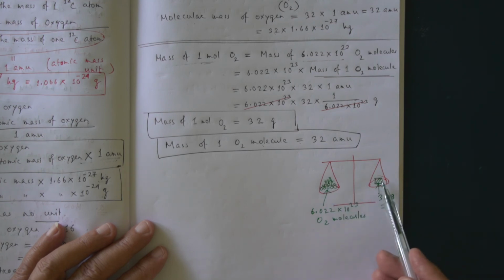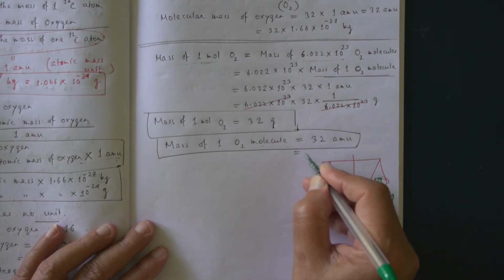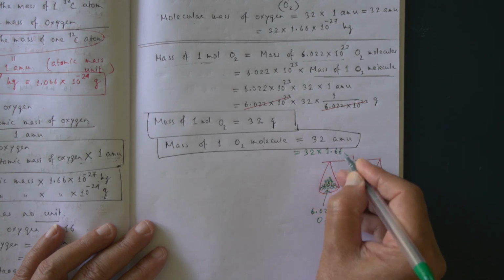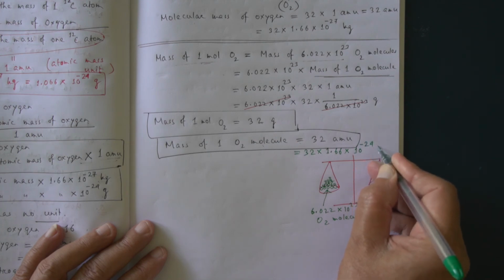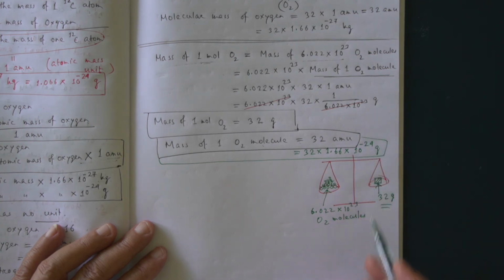But if you take only one oxygen molecule, what will be the mass? 32 AMU. 32 AMU means 32 into 1.66 10 to the power minus 24 gram. You see? So be careful. This is very, very important.